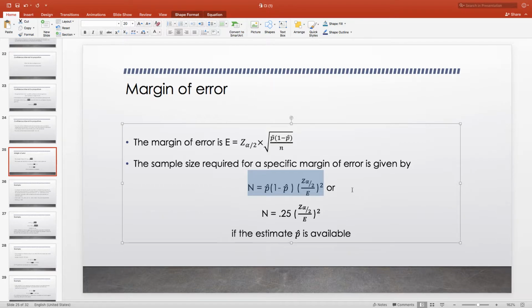If you have not collected any data and there's no estimate or guess for p hat, then you have a less accurate way of calculating the sample size required for a specific margin of error. You'd have to use this formula: 0.25 times z of alpha over 2 divided by your margin of error, squared.